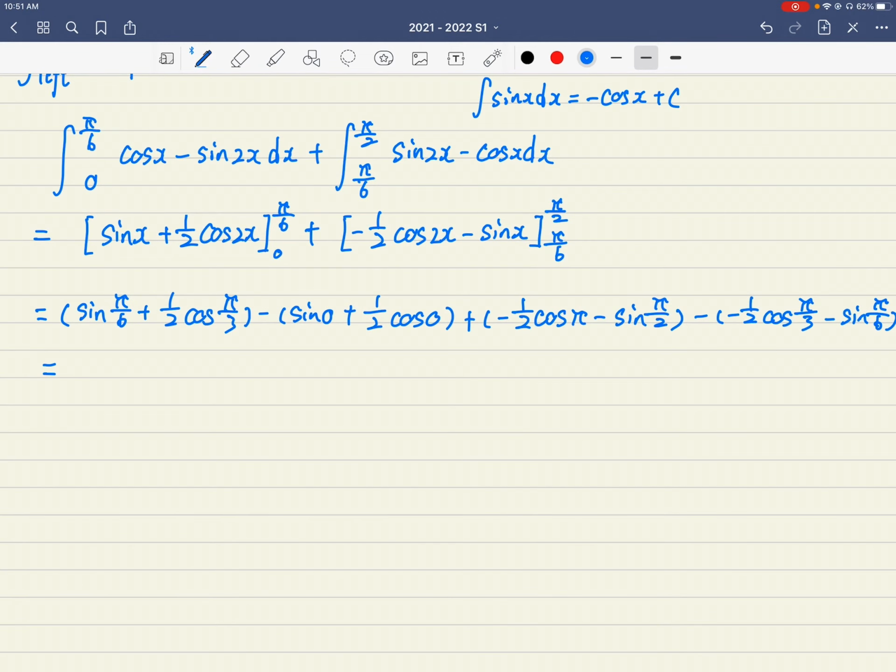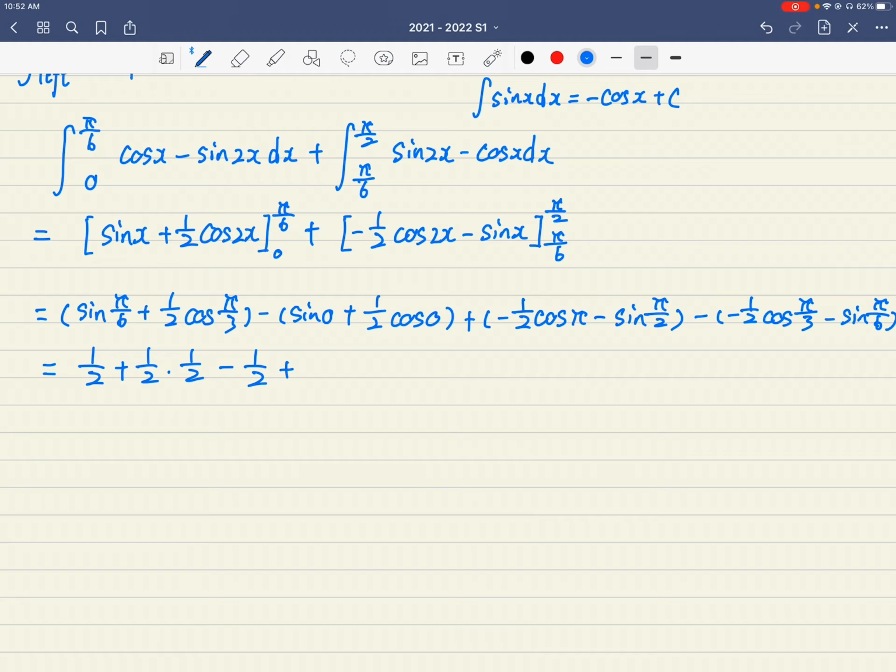Then finish the calculation. Sine pi over 6 is half, cosine pi over 3 is also half, minus sine 0 is 0, cosine 0 is 1, so minus half. Plus here, cosine pi is 0, sine half pi is 0. Wait, no, cosine pi is not 0.